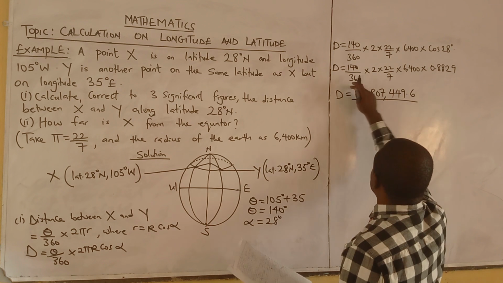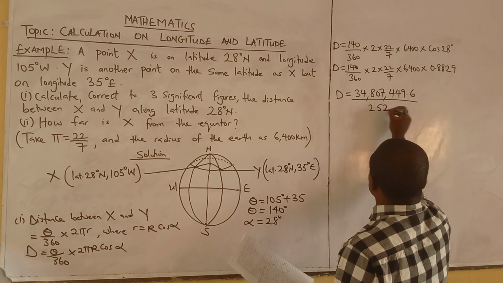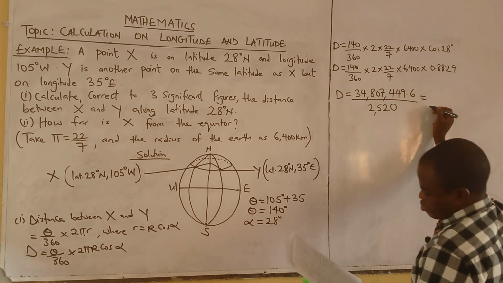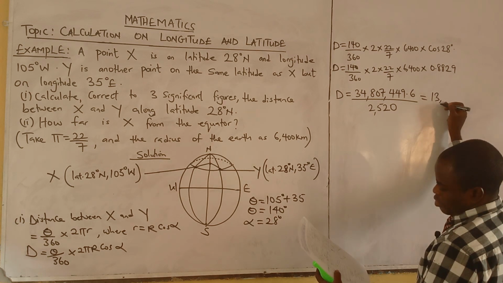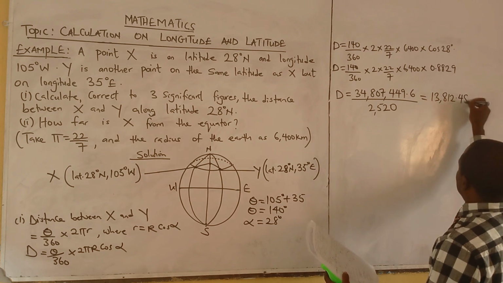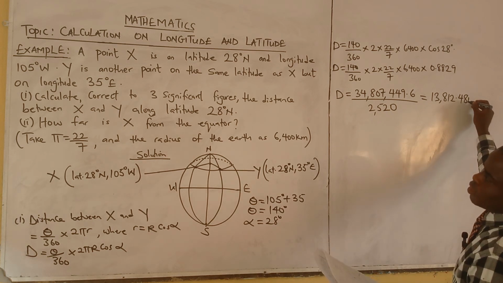The distance now, when you multiply all the numerator, you have 34,807,449.6 divided by 360 times 7, which is 2,520. When you divide that, you have 13,812.48 kilometers.